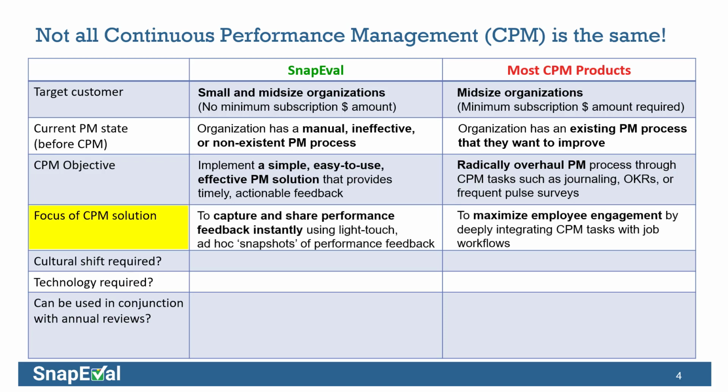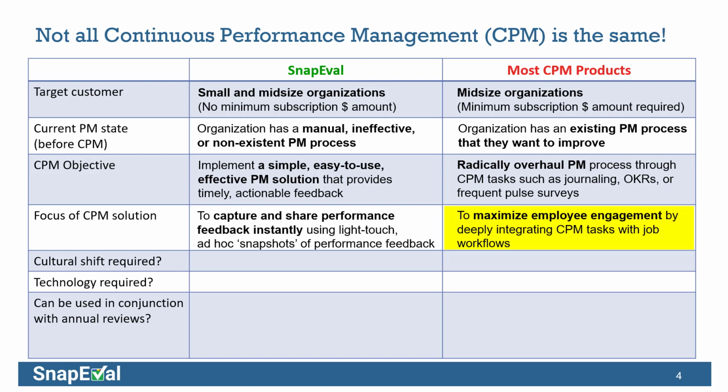The next area is about the focus of the continuous performance management solution. And really the focus with SnapEval is simply to capture and share performance feedback instantly using light touch ad hoc snapshots of performance feedback. Whereas the focus of most continuous performance management products is really about maximizing employee engagement by deeply integrating the continuous performance management tasks with job workflows.